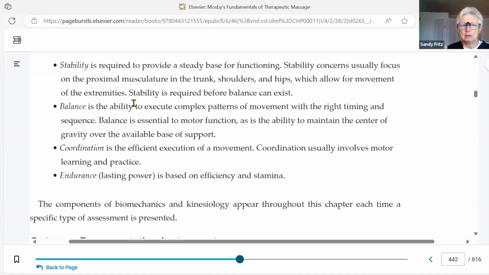So these are the things that are important, and we can assess these, in terms of the general function of somebody. It's not an individual muscle. It's not an individual joint. It's not an individual tissue. It's all of it working together.